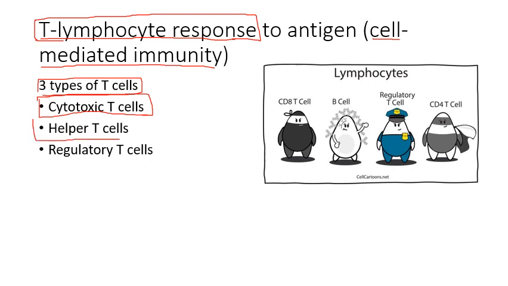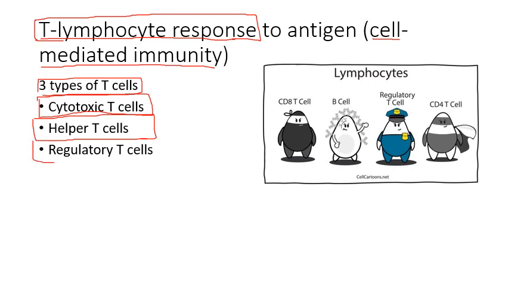These are kind of the coordinators, the generals of the immune system. They're important players because they help induce B cells and other cells, so they help coordinate the whole immune response.